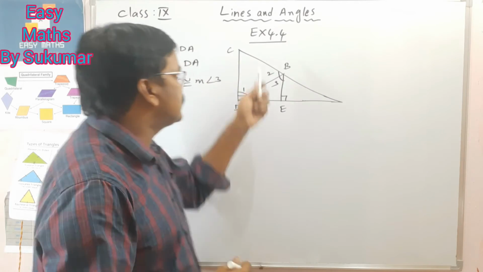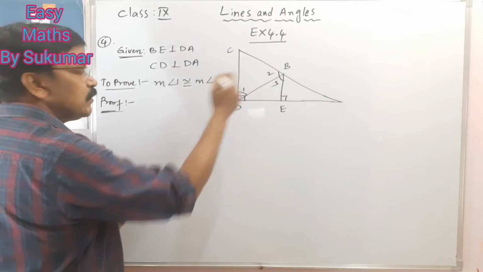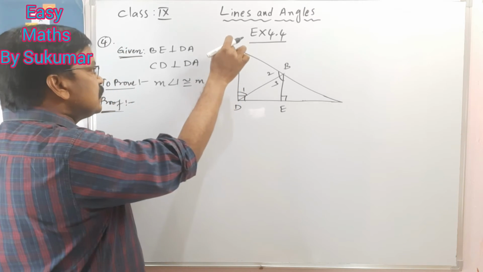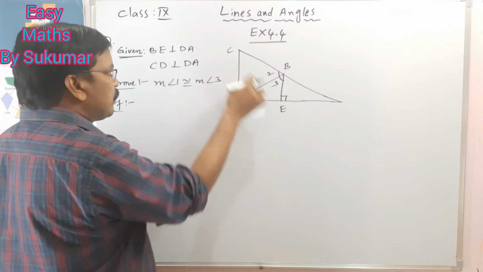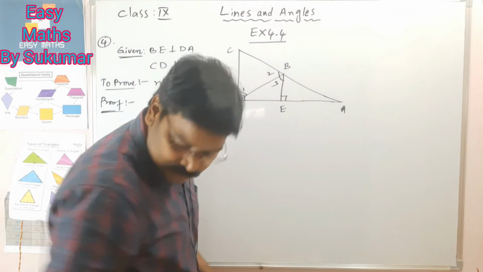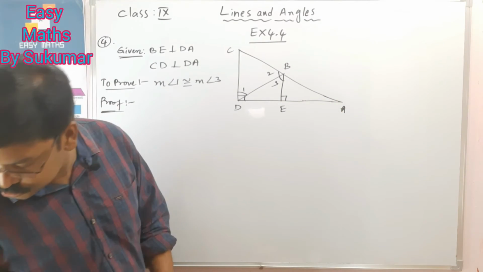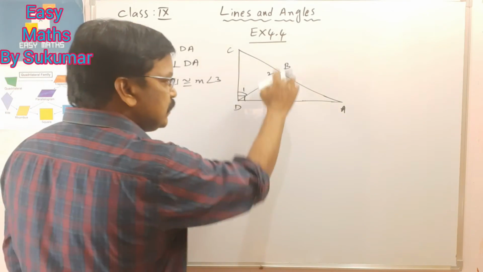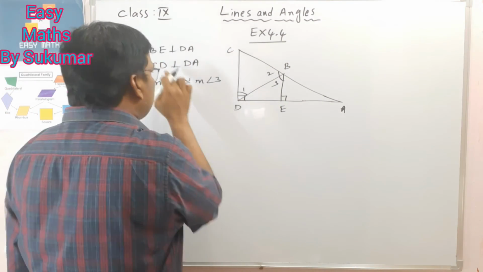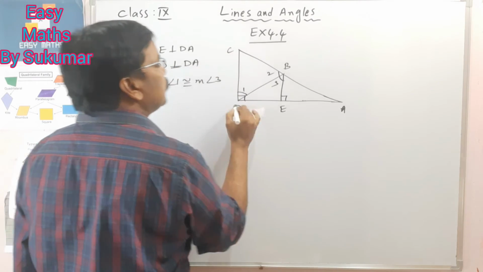Fourth question in exercise 4.4. Here my dear students, in this figure, BE is perpendicular to DA, and CD is perpendicular to DA.